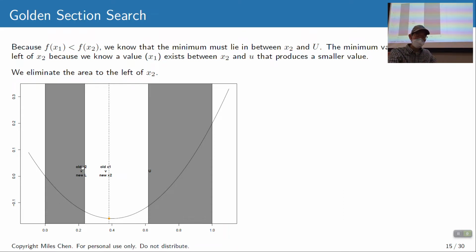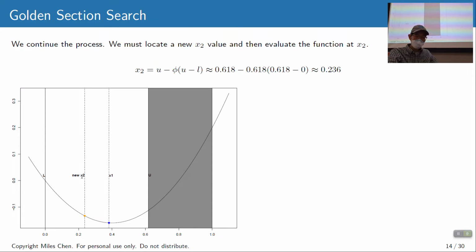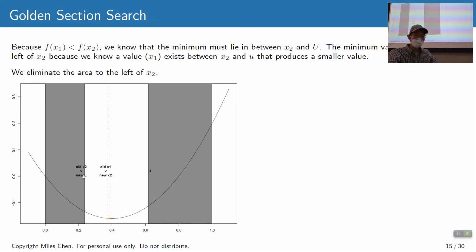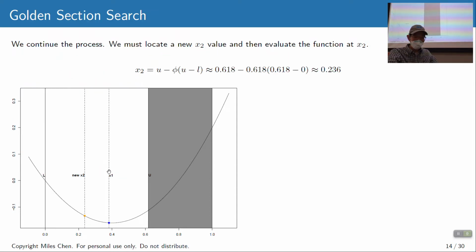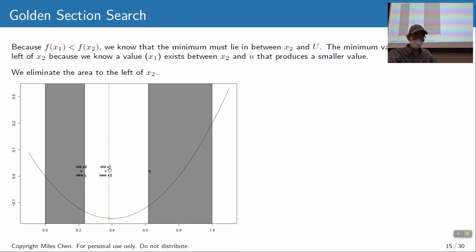So what used to be x2 is going to become my new lower bound. My upper bound remains the same, and what used to be this inner point becomes the new inner point, but on the lower side. I have to calculate a new x1 over here, which is going to be 0.618 of the way from 0.236 to 0.618. So we eliminate that side, and now this is my search interval.